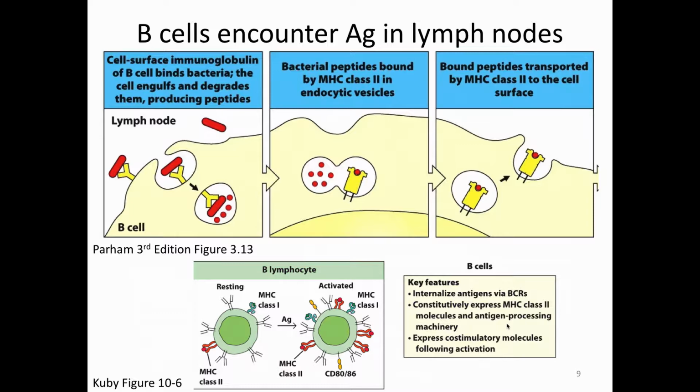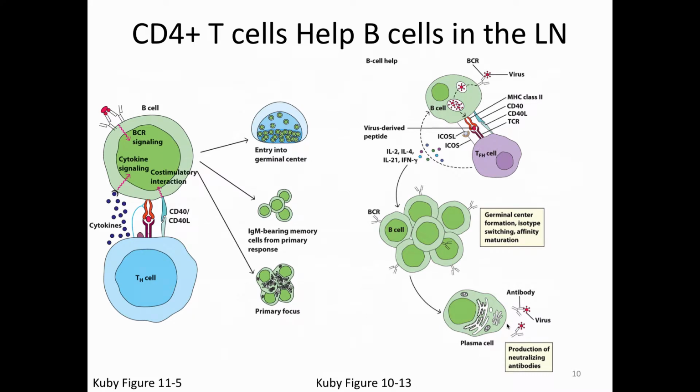Once the B cell has presented antigen on MHC class 2, you can sort of imagine it's now calling for a T cell and saying, hello, help me. If you see this antigen too, please help me. And so now the antigen that's being presented will be recognized by a helper T cell.